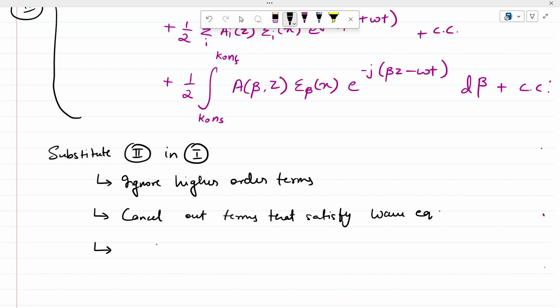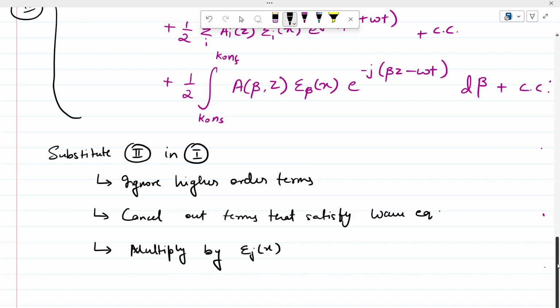Next what we do is we multiply the equation that we get after doing all this by ej of x, for some particular mode, so that I get the equation for a particular mode.